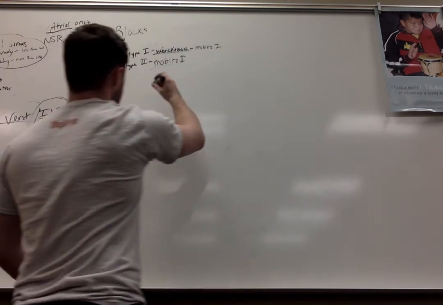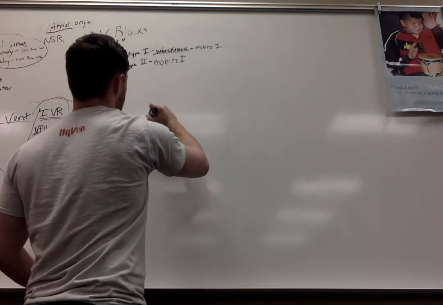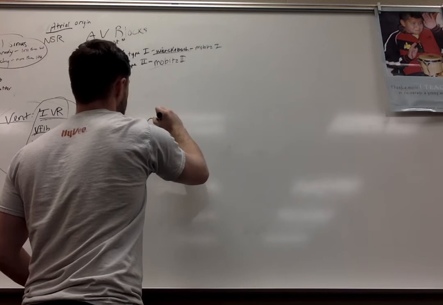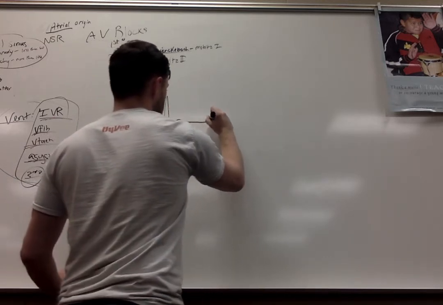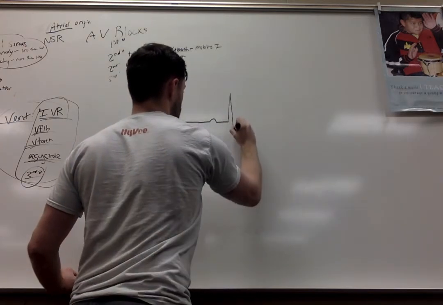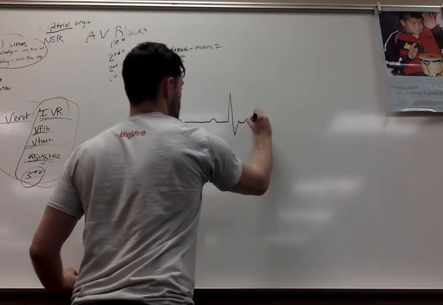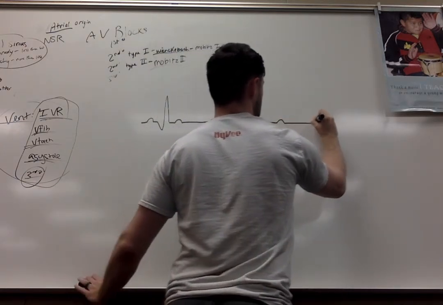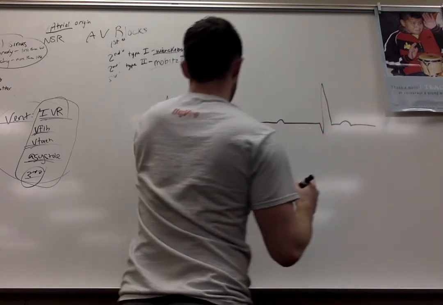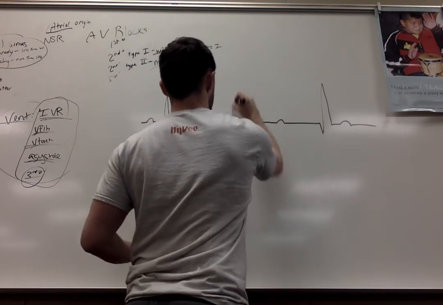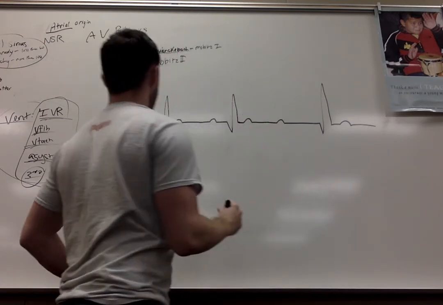Second degree type 1, Wenckebach, we have a fun little pattern. Pretend these QRSs are the same. This is really exaggerated too. So what's happening?